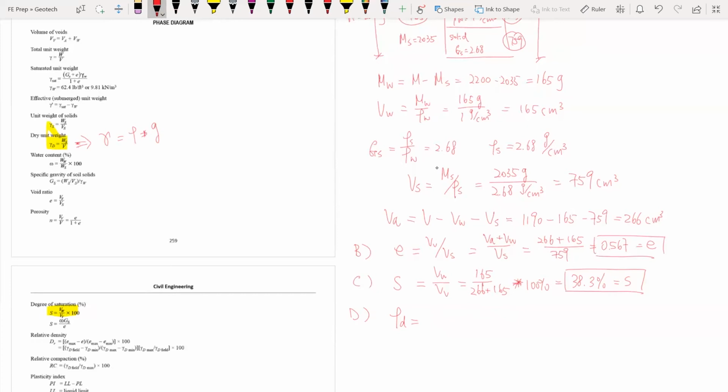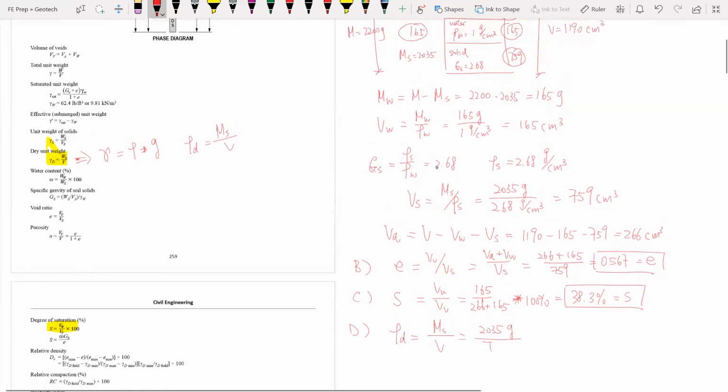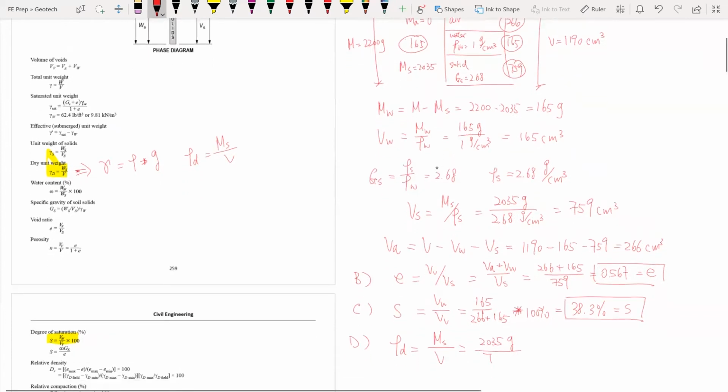So the dry density will be equal to the mass of the solid divided by the volume. So mass of the solid divided by the total volume, in fact.